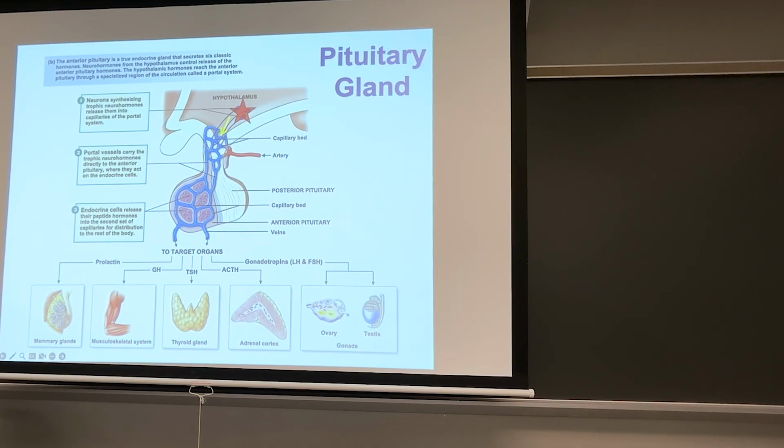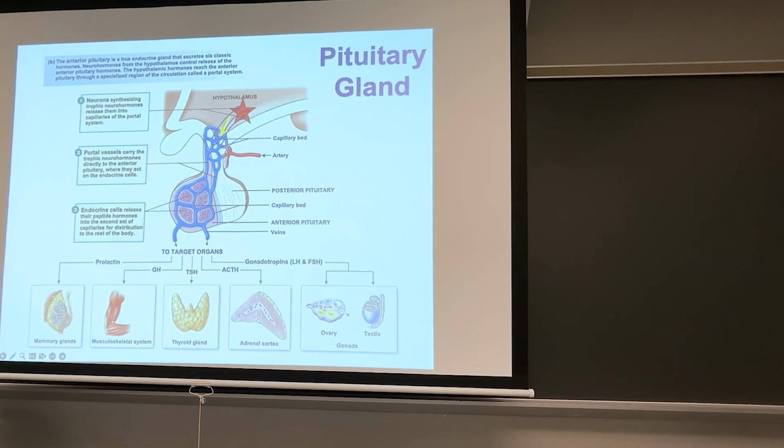Now, when you look at the anterior pituitary, what I want you to notice is a specialized setup of blood vessels here that will remind you of the blood supply to the glomerulus when we talked about the glomerulus. This is a setup where you have two capillary beds in tandem that are connected by a blood vessel that's called a portal blood vessel. So portal vessels connect capillary beds in tandem.